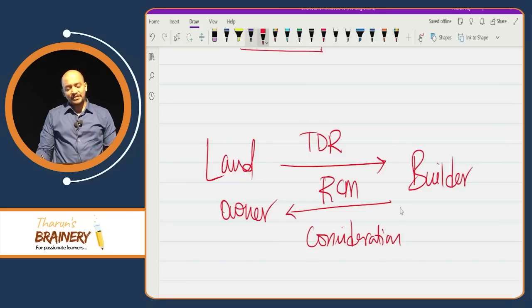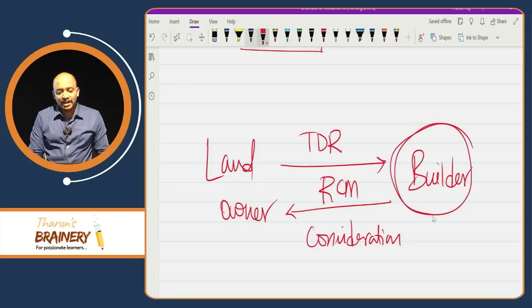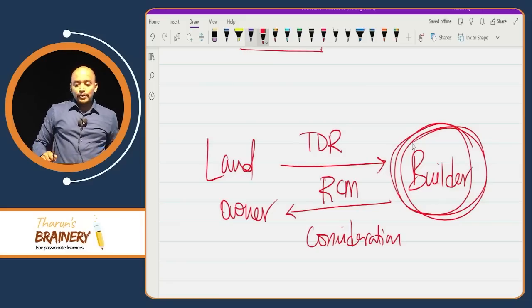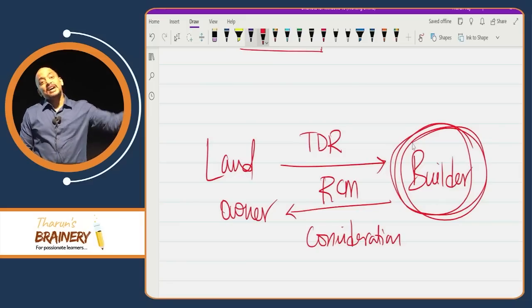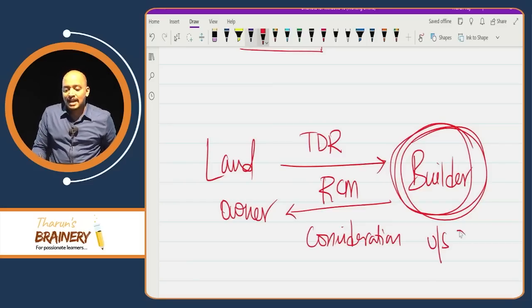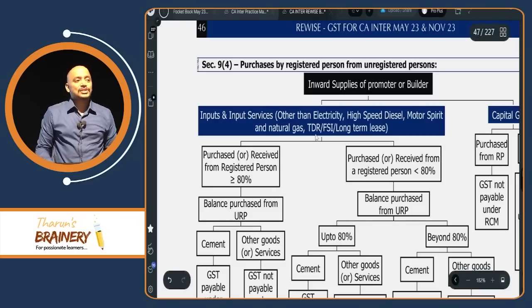RCM. So who has the liability to pay GST to government? This builder has the liability to pay GST to government. Understood or not? So as it is already covered under RCM, under section 9 subsection 3, due to that reason it is excluded here.